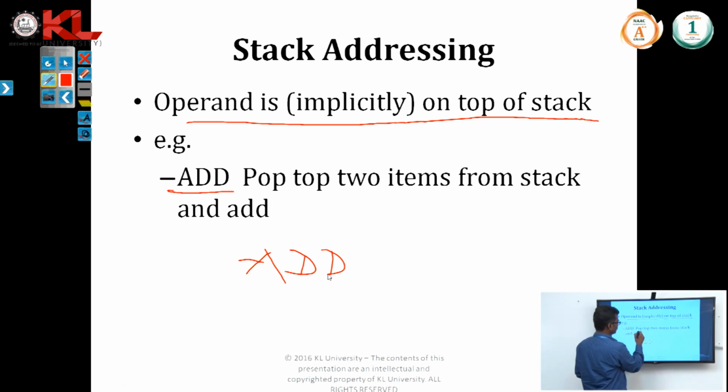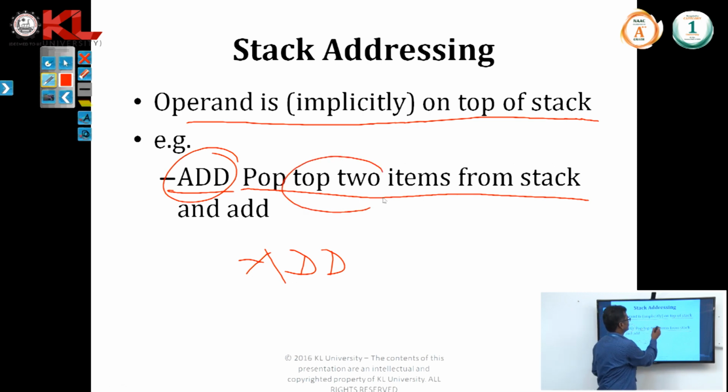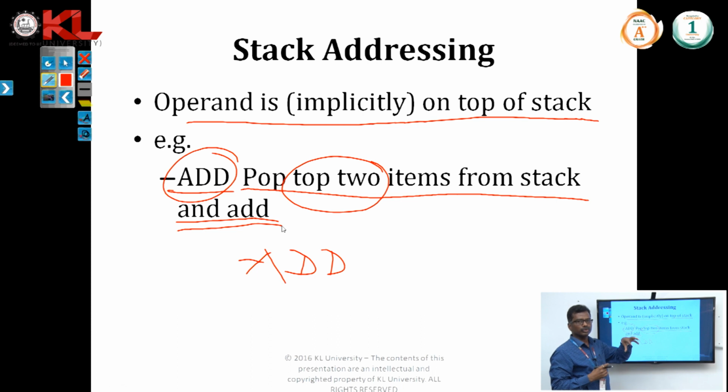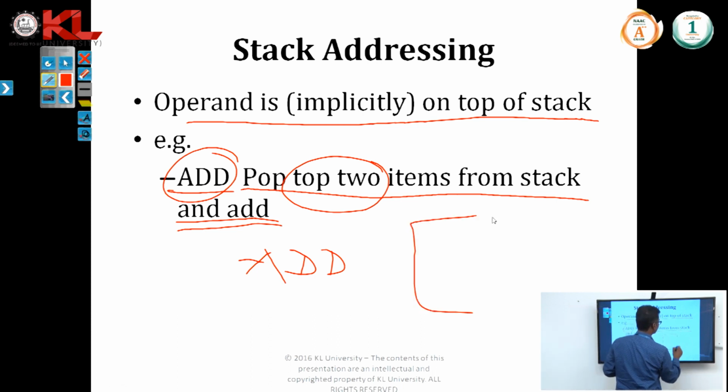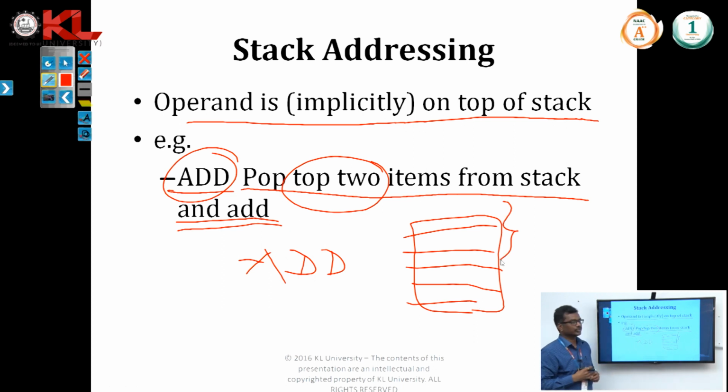That means popping the top two items from the stack and adding them automatically. The location is the top of the stack. So the top two items of the stack are popped and added. This is called stack addressing.